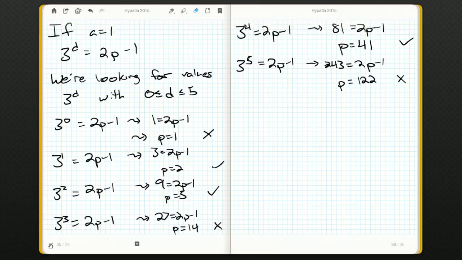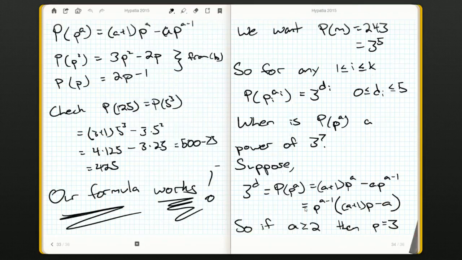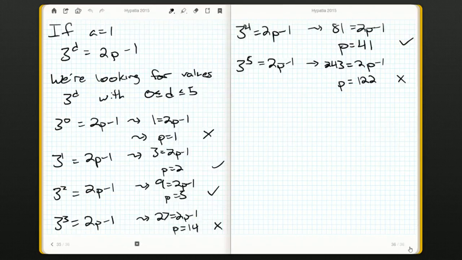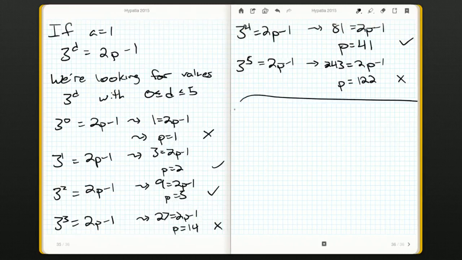So that's what happens when A is 1. And if A is at least 2, P is 3.